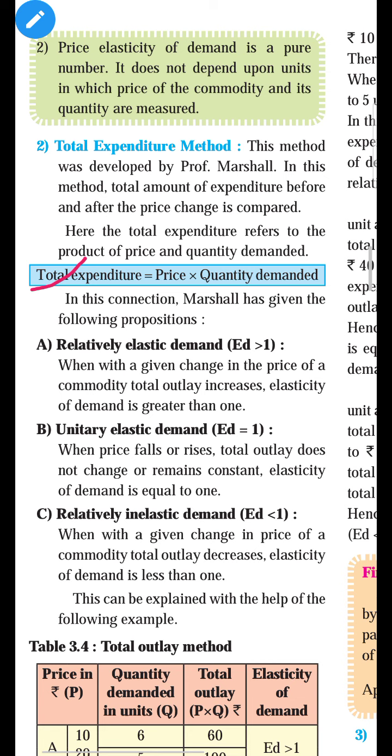Again, you have to recall price and quantity demanded. In this connection, Marshall has given the following propositions. It happens in three cases: relatively elastic demand where the value is greater than 1, unitary elastic demand where the value is equal to 1, and relatively inelastic demand where the value is less than 1.